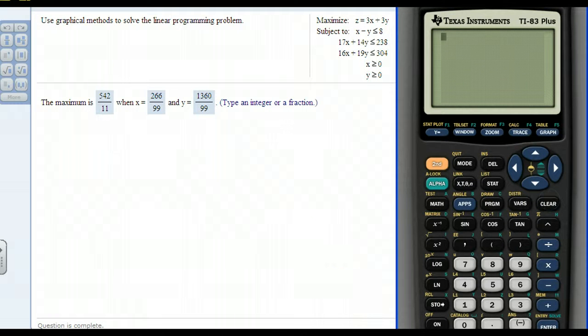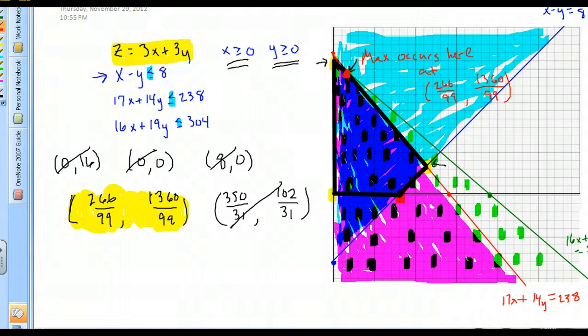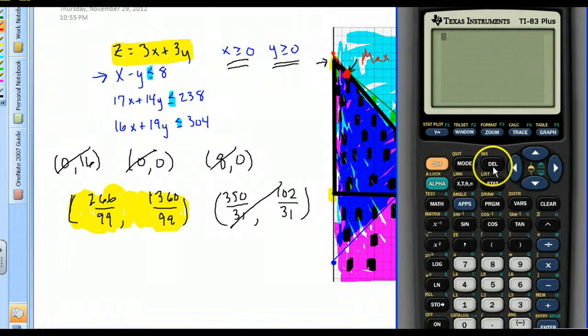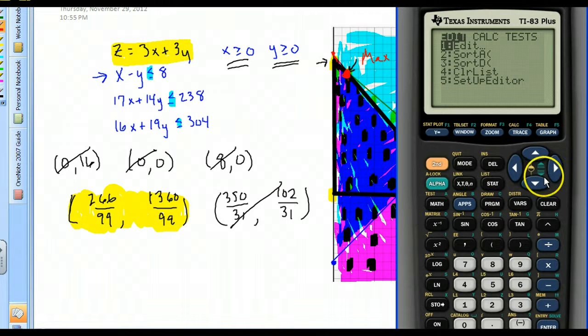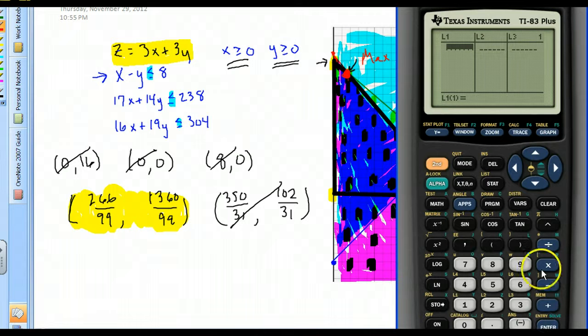Another thing you can do, this is just completely optional. If you want to try it though, it's fine to do it. In your stat menu, once you've come up with your points to try, you can go to your editor and put in all the x coordinates in L1. So 0, 0, 8, 266 over 99, and then 350 over 31.